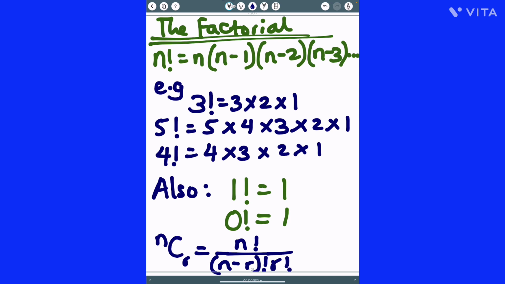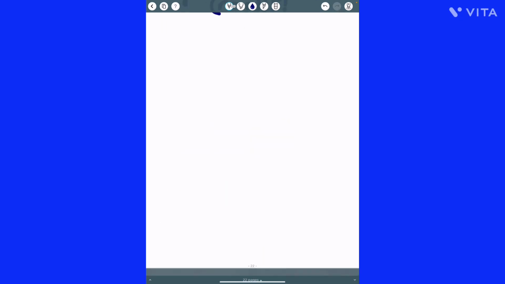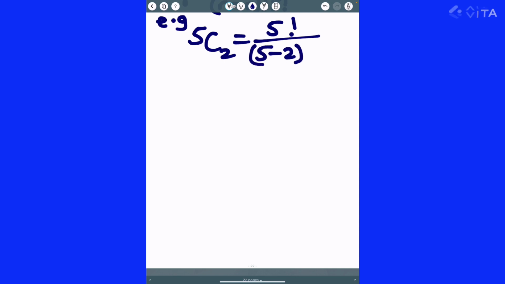Times r factorial. So that's the meaning of n combination r. So take for example, if I have 5 combination 2, 5 combination 2 will be 5 factorial over 5 minus 2 factorial times 2 factorial.